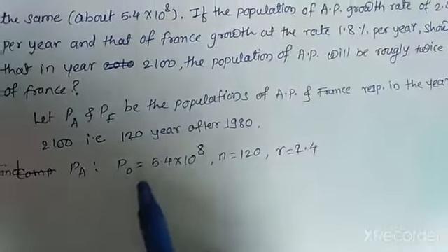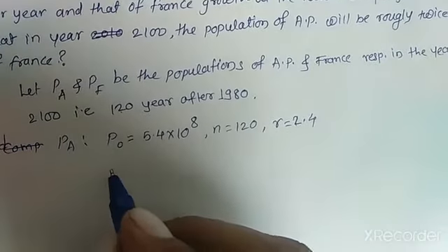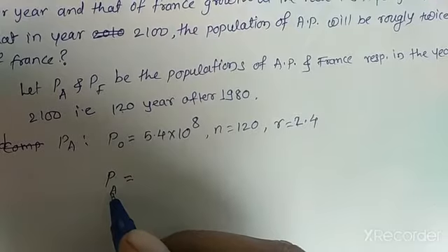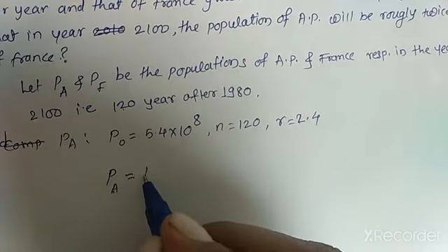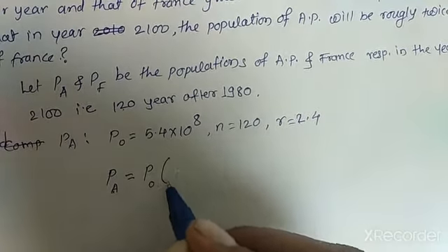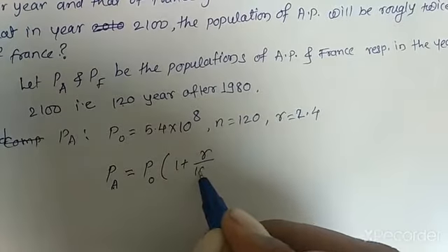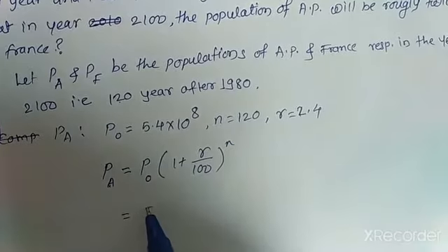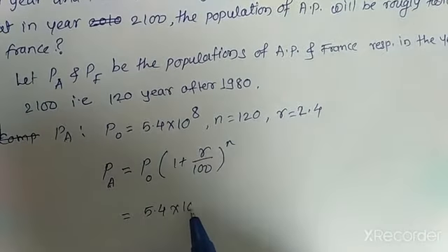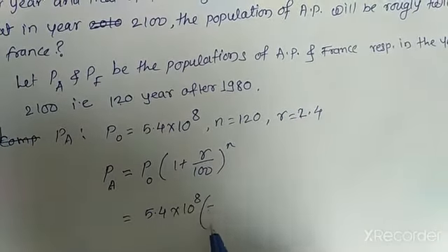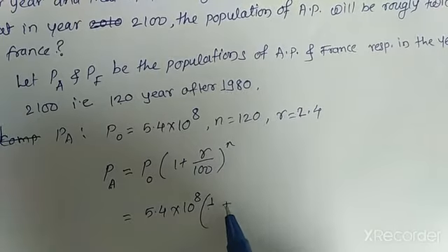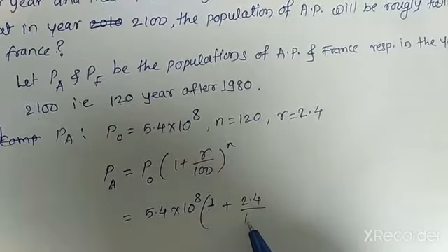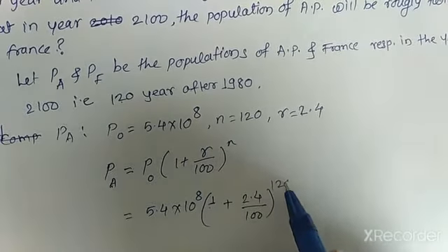So our formula for PA, population of Andhra Pradesh after 120 years, is PA = P naught into bracket 1 plus r upon 100 raised to n. Which gives us 5.4 into 10 raised to 8 into bracket 1 plus r, which is 2.4, upon 100 raised to 120.